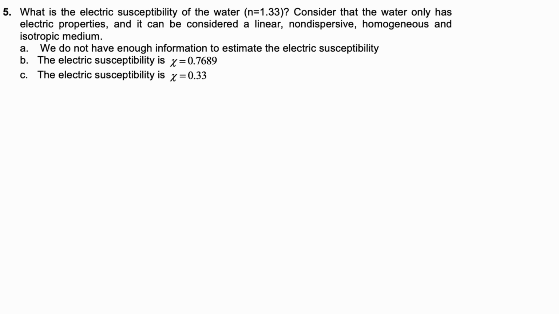If you remember, we are saying that the system needs to be considered as only having electric properties, which means that the magnetic permeability is the one from the vacuum, but the electric permittivity is equal to the vacuum permittivity times 1 plus the susceptibility. So this is the information that we need to know.